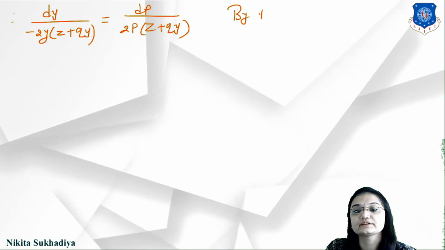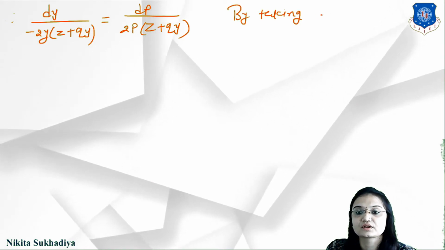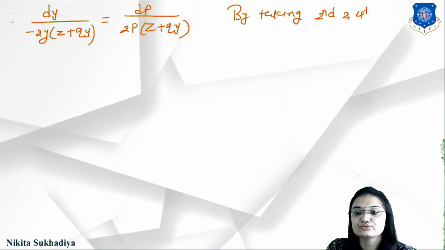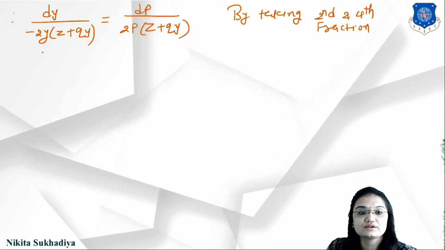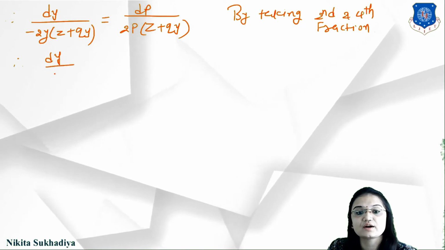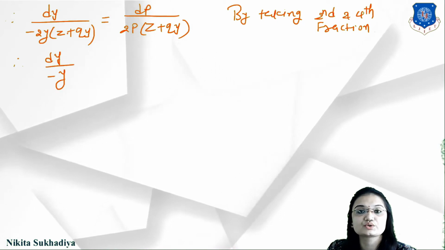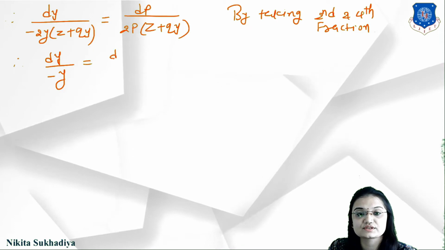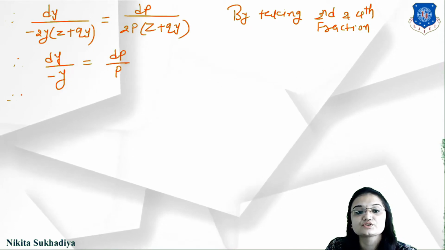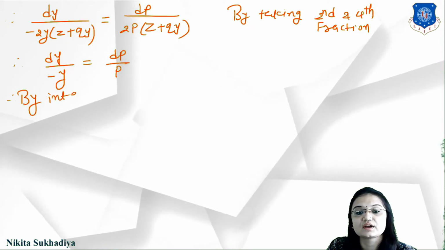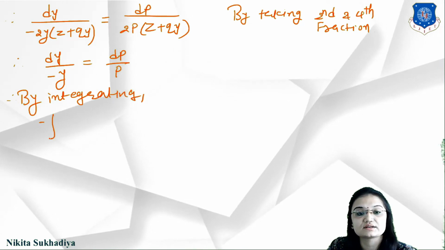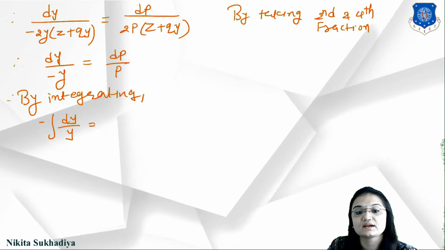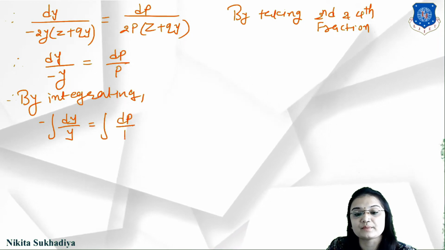Okay, by taking the second and fourth fraction, here we have dy upon minus y, because 2 into z plus qy cancel out, is equal to dp upon p. So by integrating both sides, this will become minus integration of dy by y is equal to integration of dp by p.